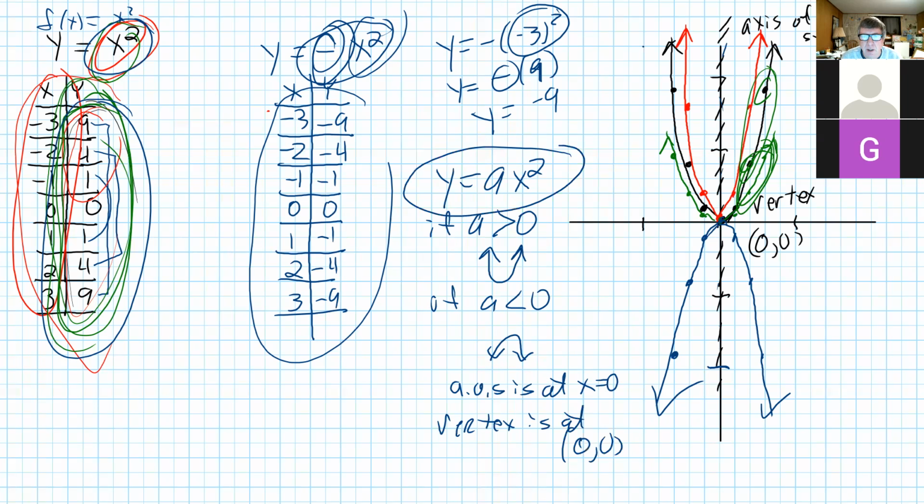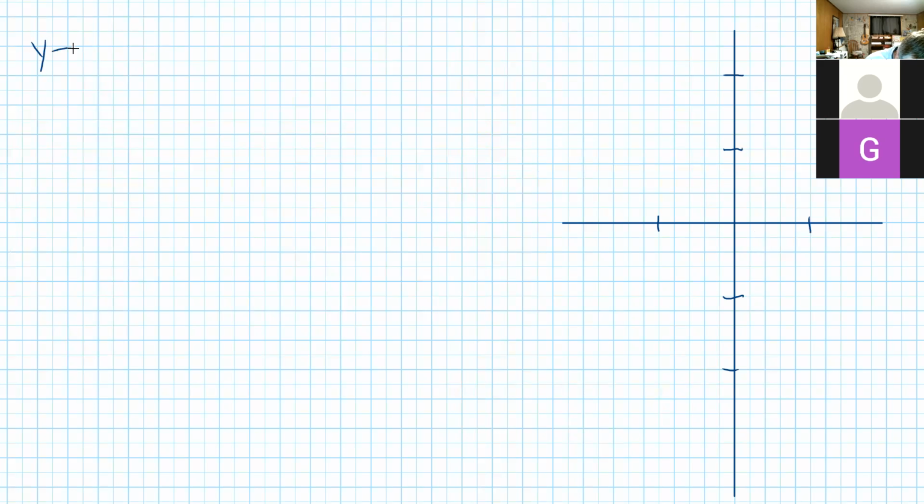Okay, now we're going to go to a new page. And we're going to start again with y equals x squared.